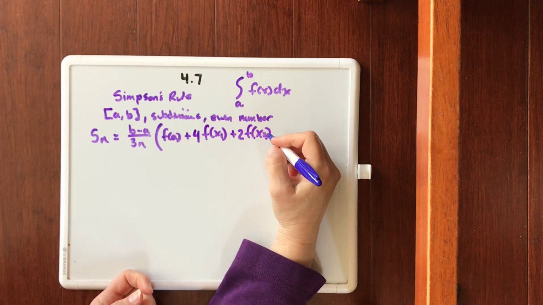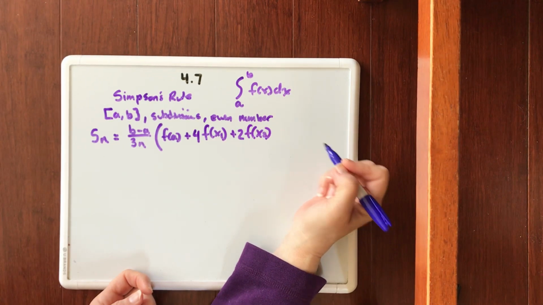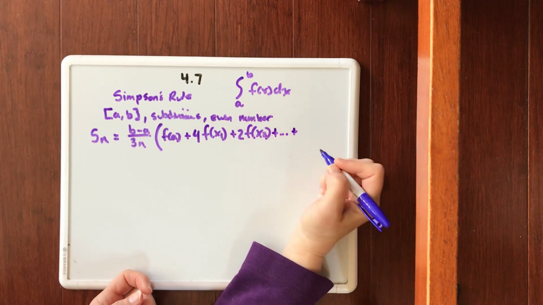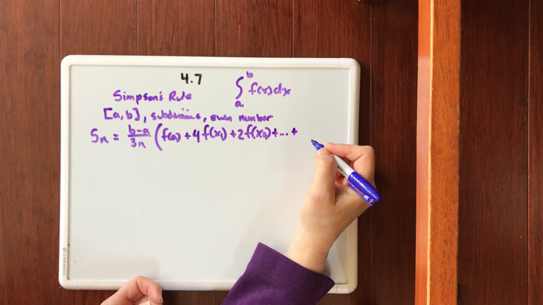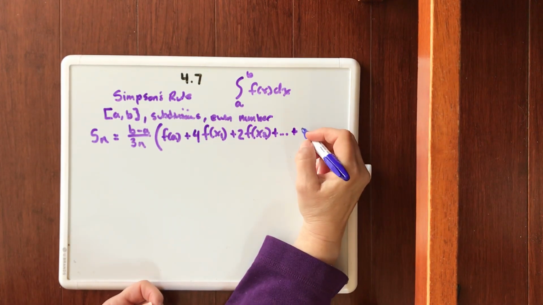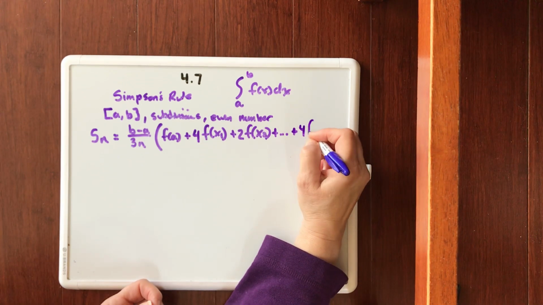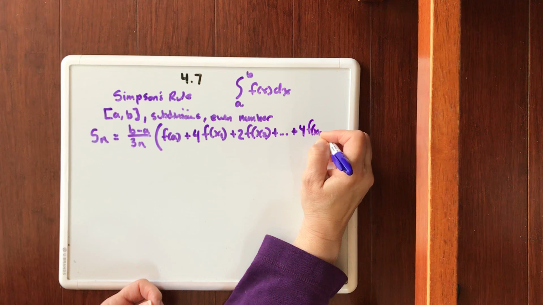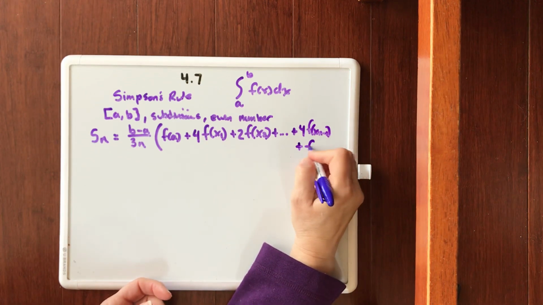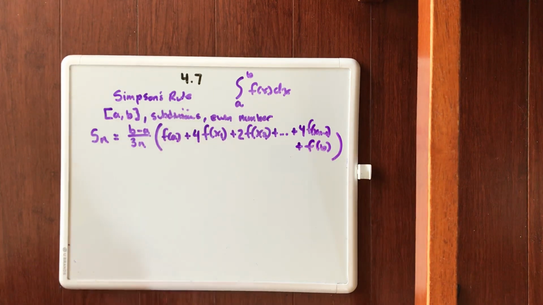And guess what we would do from there? We'd go 4, 2, 4, 2, 4, 2 until we got to the n. So I'm going to say plus dot, dot, dot, plus, and we're getting towards the end. So 4, 2, 4, 2, wherever we go till we get there. The last one prior to that would be a 4, f of x of n minus 1. And then at the very, very end will be f of b. So this one includes both endpoints.